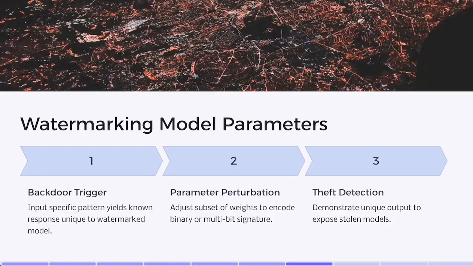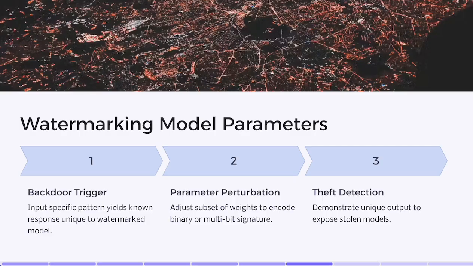Now comes watermarking model parameters, or neural network watermarks. It is trickier but equally powerful. You embed a secret pattern within the weights or activation patterns of the network. For instance, a backdoor trigger. If you input a specific trigger pattern, like a certain image or string, the model yields a known response that only your watermarked model would produce.